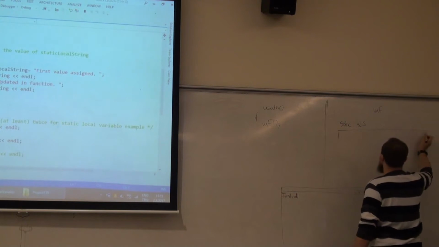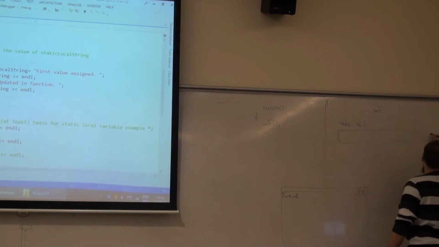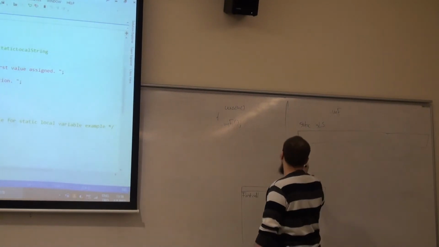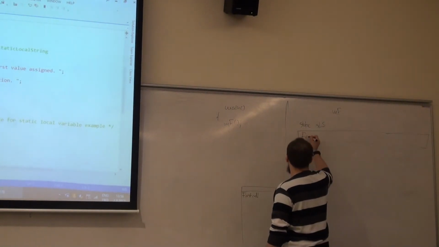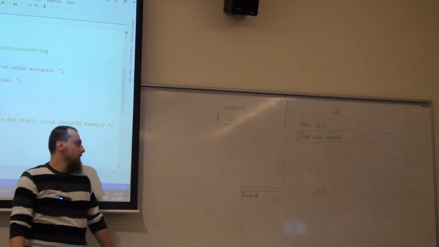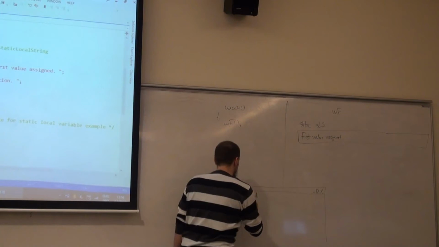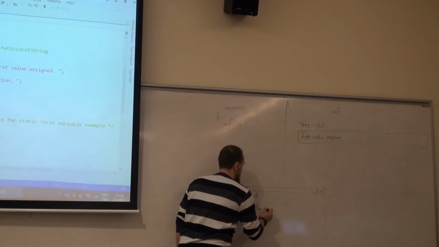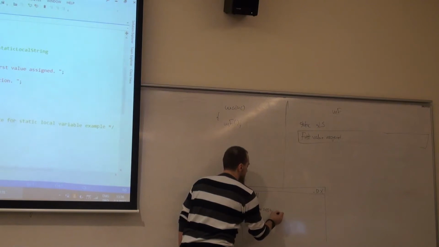Initially, its value is what? The value of this guy is first value assigned. Then I print it. And I see it at the console: first value assigned.